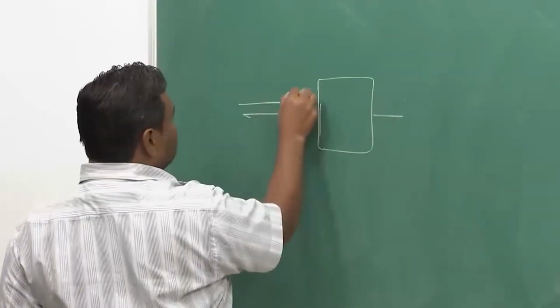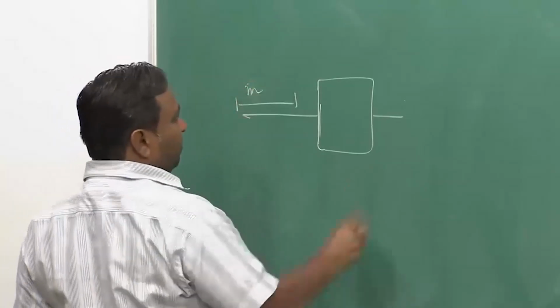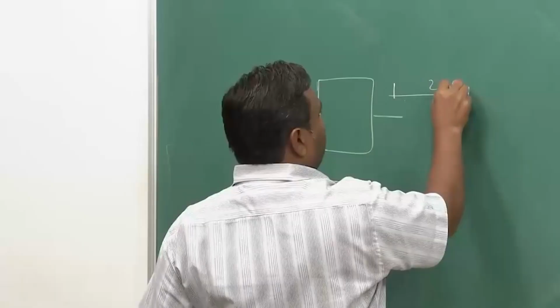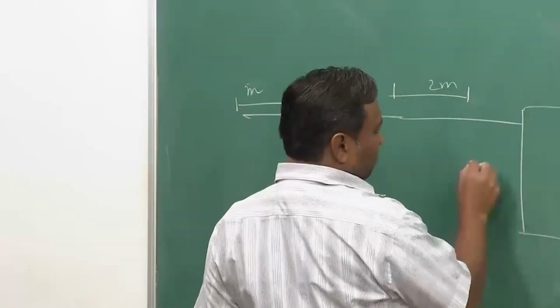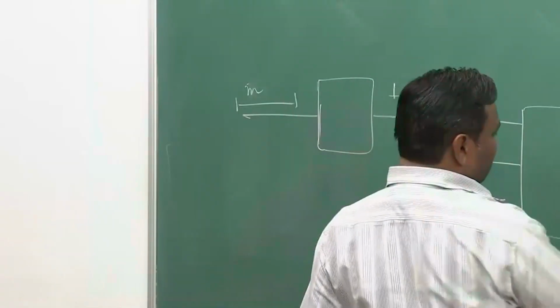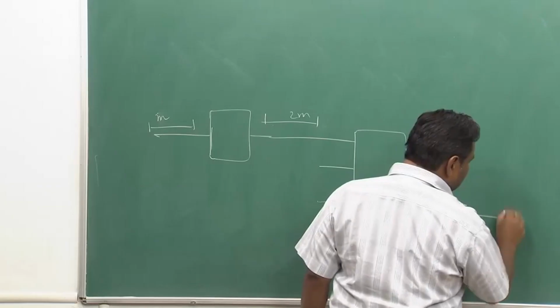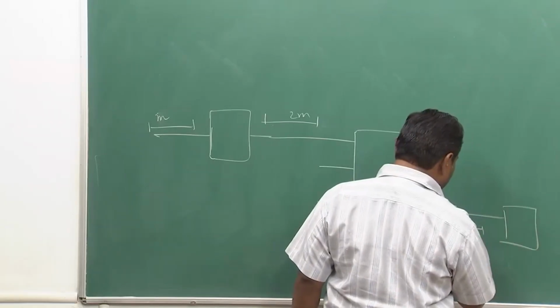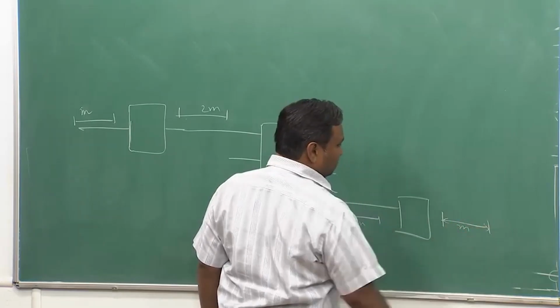So, this is a time switch, M to M, then you have a space switch. Multiple inputs and multiple outputs make a time multiplexed space switch, and I can have another time switch. Here you will have 2m slots and here it will be m slots.